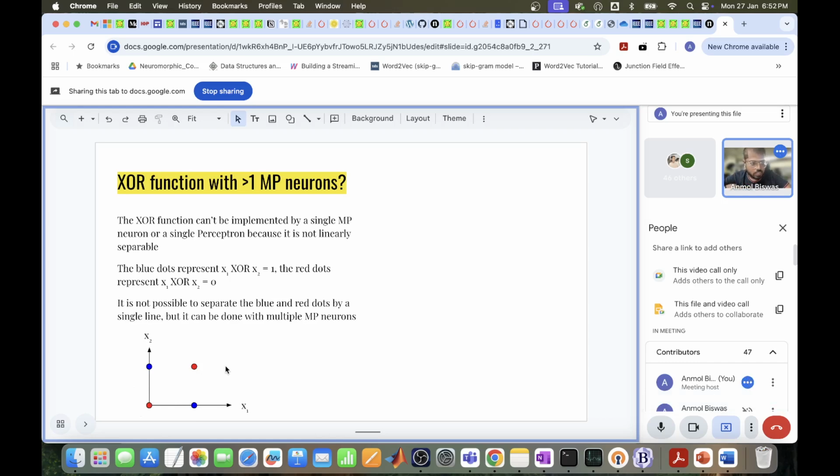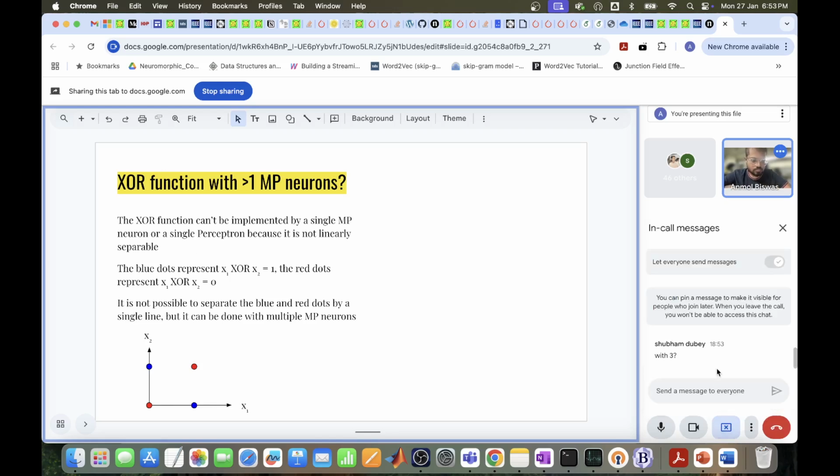Because it is not linearly separable, it can never be represented by a McCulloch Pitts neuron. In fact, it can never be represented by a single perceptron either.